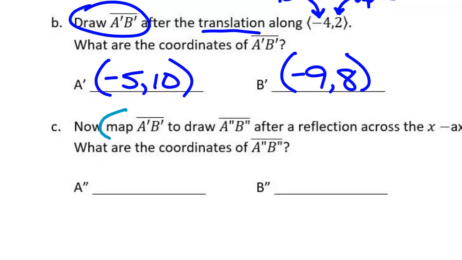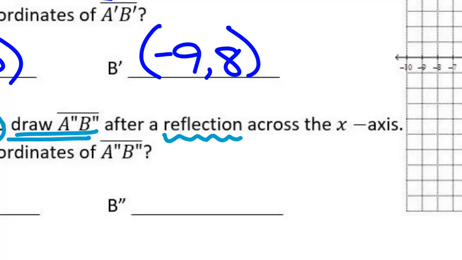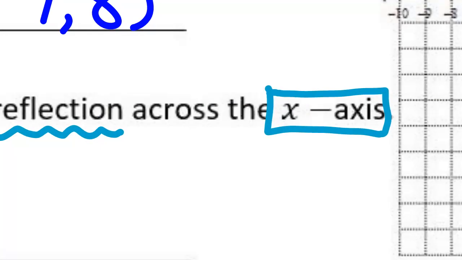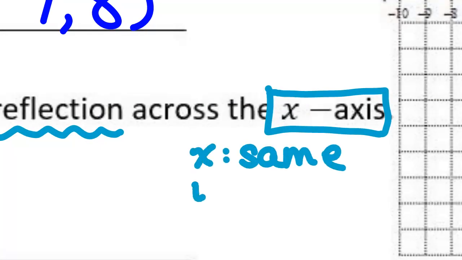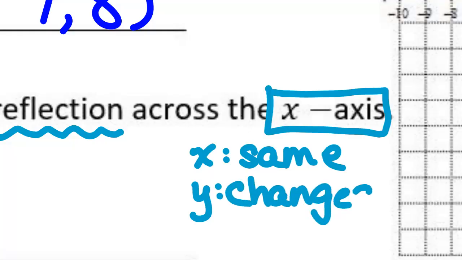Now map A prime B prime to draw A double prime B double prime after a reflection across the x-axis. When we reflect across the x-axis, x stays the same and y changes signs.